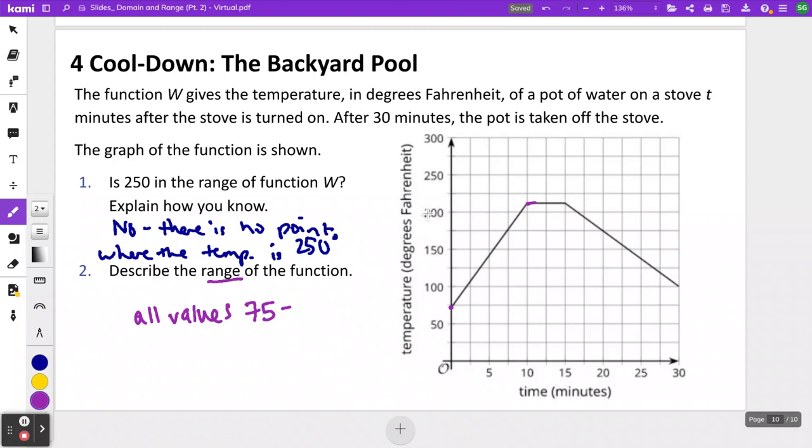So that's going to be the number between 200 and 225. I think any good guess in like the 210, 215 area would be good. I'm going to put 212. So we've got our range is all values from 75 up until 212 because the temperature always falls in that range there.